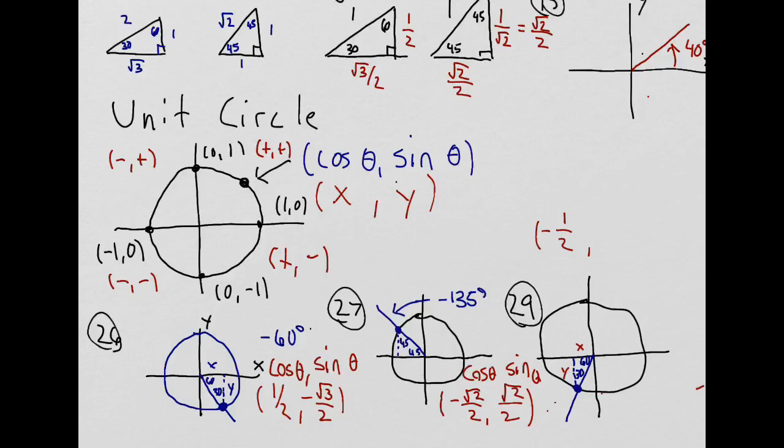The y is opposite the 60, so that's the square root of 3/2. But again, third quadrant, so it's negative. So my cosine value is going to be negative 1/2. My sine value is negative square root of 3 over 2.